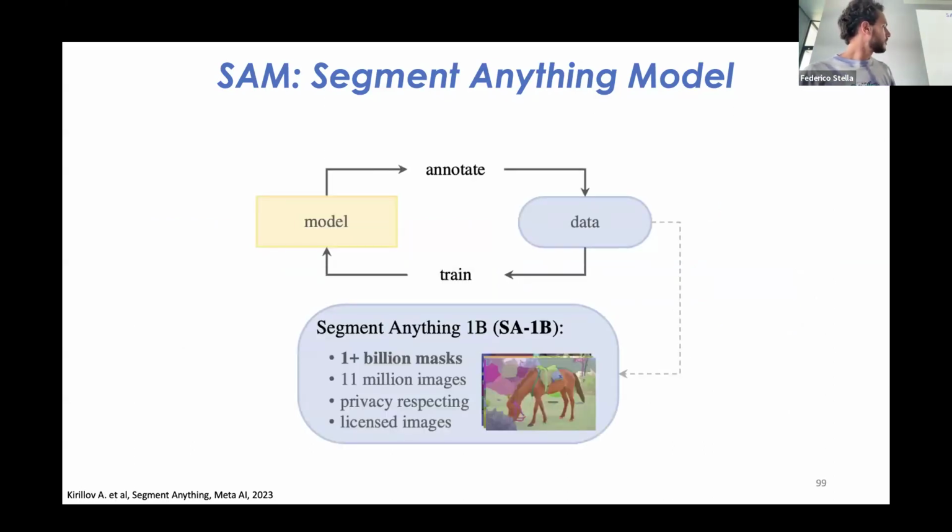The cool thing about the model, I will show you in a second how the model performs, and it's quite amazing actually. But I think the coolest thing about the model is that you can use it to train itself and to train other models. The way they trained it is that they had a big data set with 11 million images from the internet or from some other sources. And they, of course, didn't have the horsepower to segment everything themselves, annotate everything manually, and give it to the model to train.